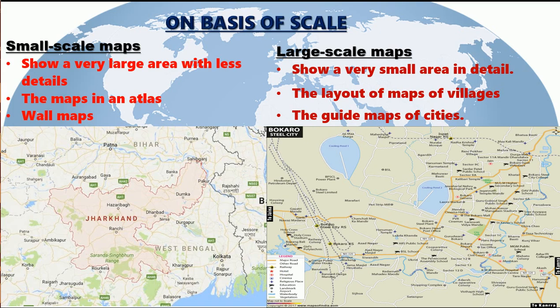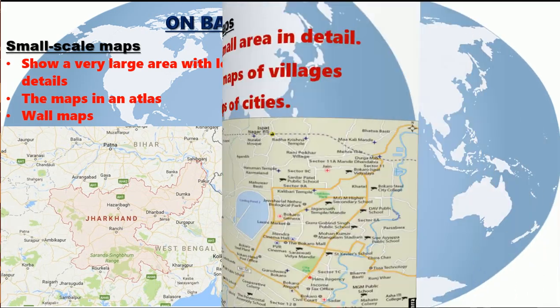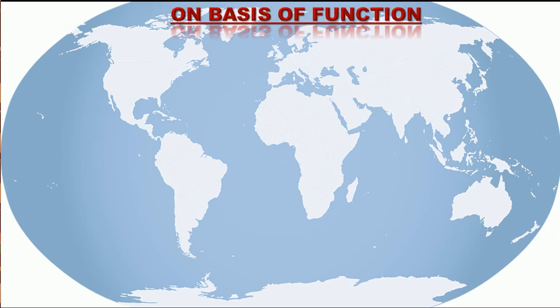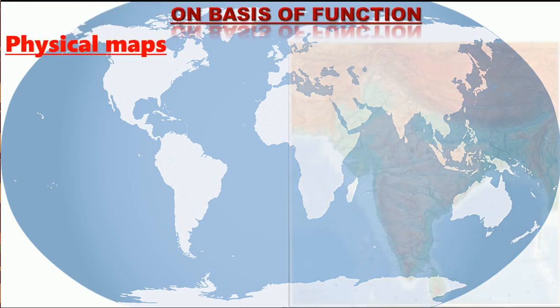Now let us turn to the classification of maps on the basis of their function. On the basis of their functions, the maps are divided into three main types. Let us deal with each type one by one. The very first type is physical maps.